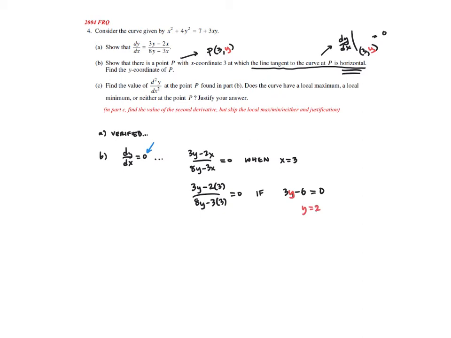Let's be very specific here. dy/dx at the point (3, 2) is equal to 0. In math language, this is saying the same thing as the curve has a horizontal tangent line at the point (3, 2).